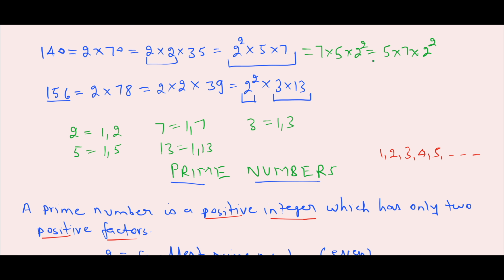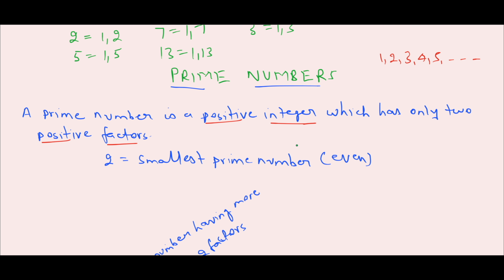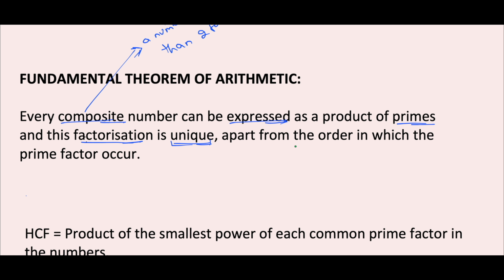So the orders can be different, but the composition will remain the same. Every factorization will contain 2 times 2, 1 times 5 and 1 times 7. Similarly, someone else can get 156 as 13 into 3 into 2 square, or another person can divide it by 3 first, then 13, then 2 square. The orders are different, but the composition will remain the same. This is what the fundamental theorem of arithmetic is about.